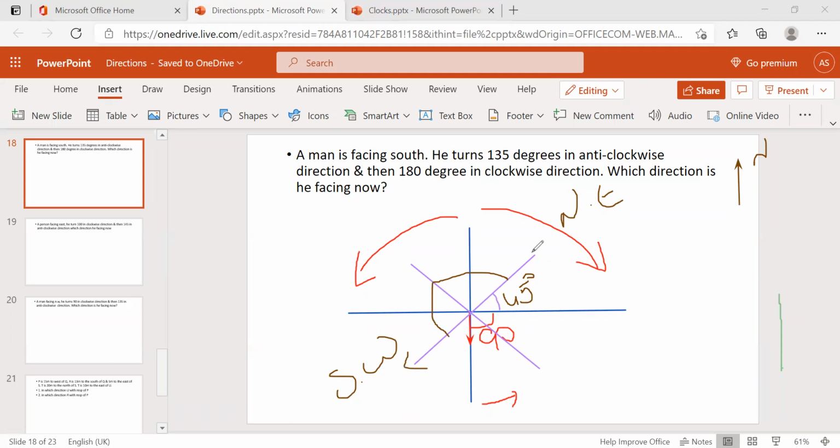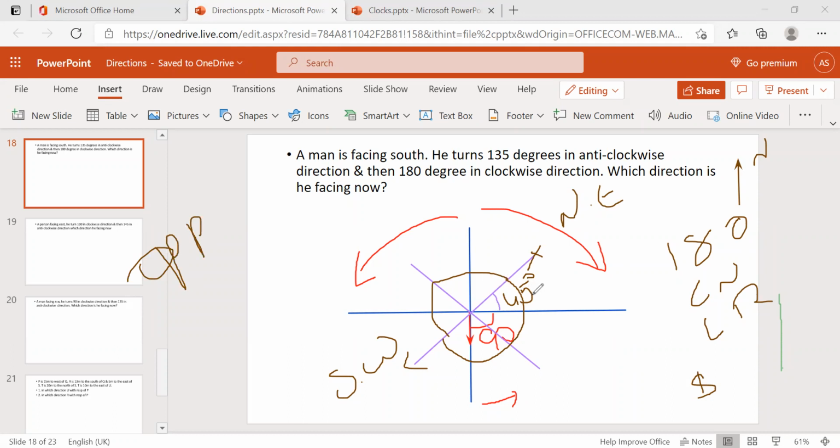Actually it is clockwise, but I took anti-clockwise, and even so we get the same result. 180 degrees, whether clockwise or anti-clockwise, left or right, will be the same.